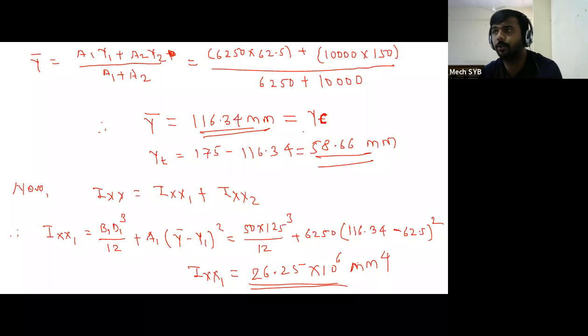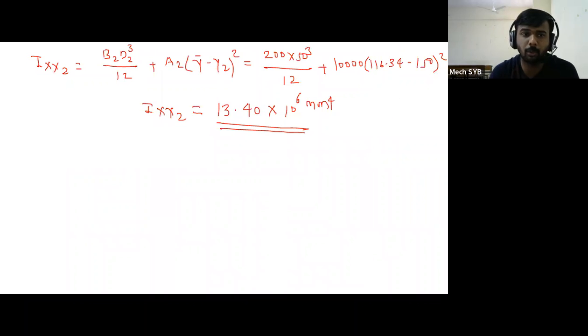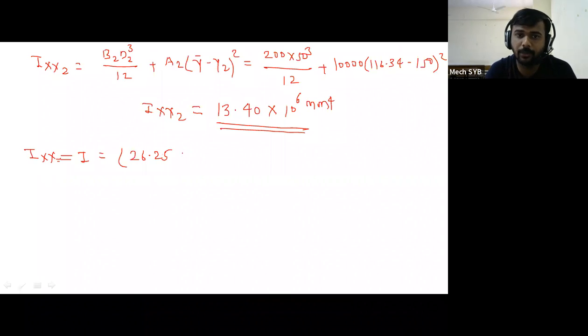If you have calculated, then go for the addition because we have to calculate the total moment of inertia. Therefore, Ixx is equal to capital I is equal to the first one, 26.25 into 10 raised to 6 plus 13.40 into 10 raised to 6.